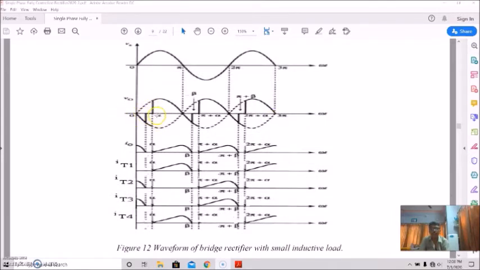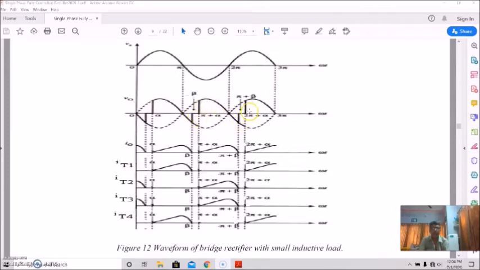This is the delay angle or firing angle. This will be the conduction, and due to the presence of the inductance, current will flow in the negative direction, and as a result the output voltage waveform is like this.